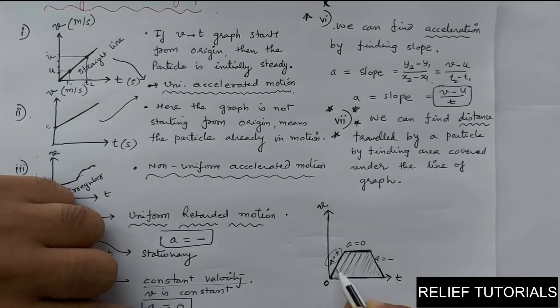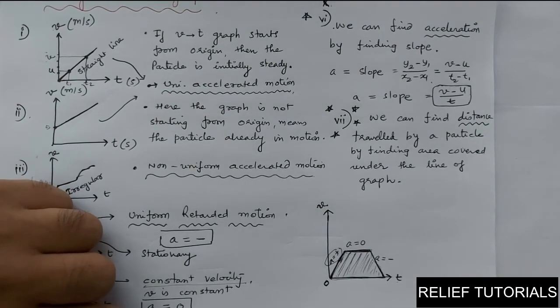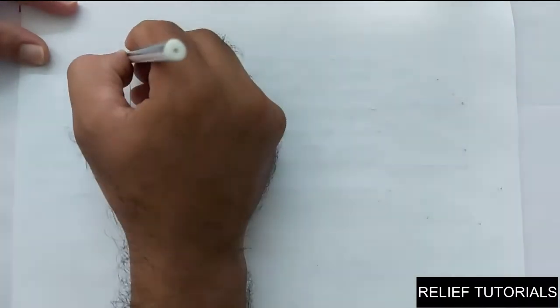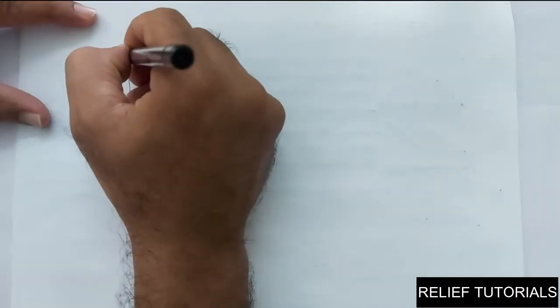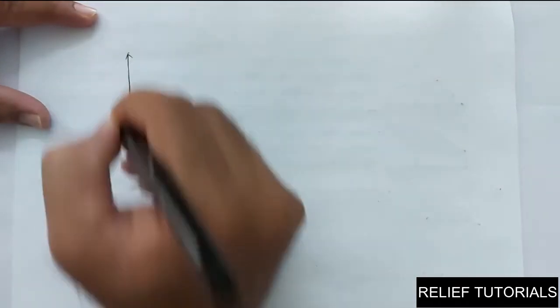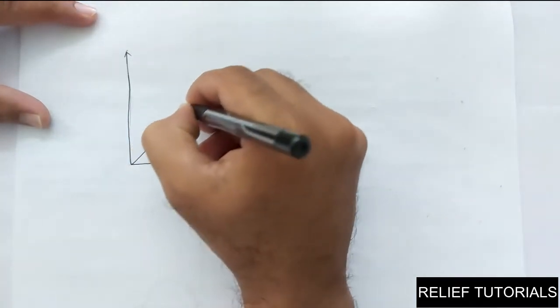So I think the graph will be like this only. Are you getting? For example, let me draw the next graph for better understanding. Consider this is the graph.